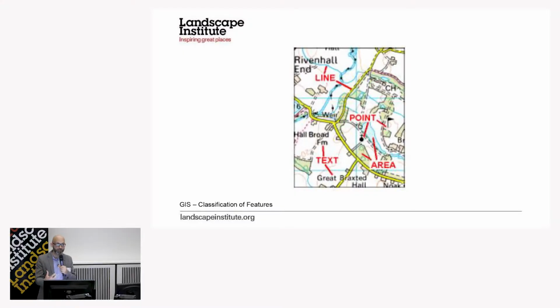And again, you can break those classifications down into four main features within the GIS. So lines representing either rivers, boundaries or roads, points for particular objects, whether that's trees or bollards, areas such as areas for planting, and also bodies of water, and then text.